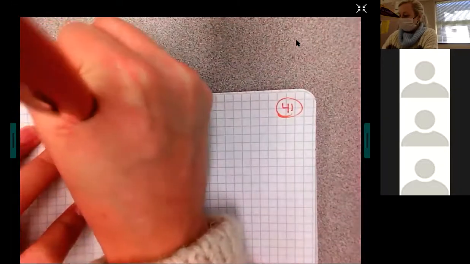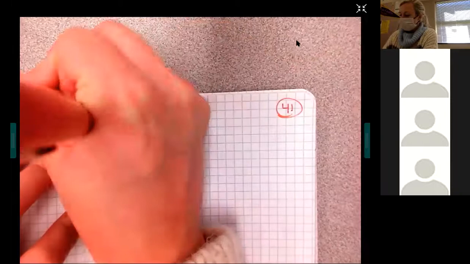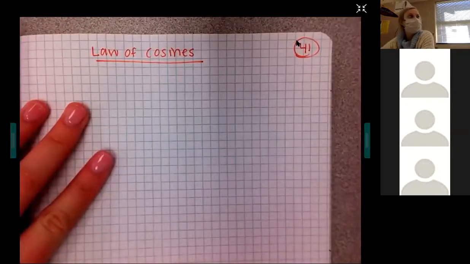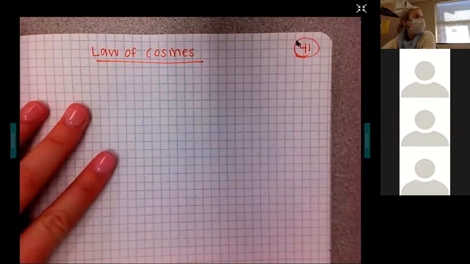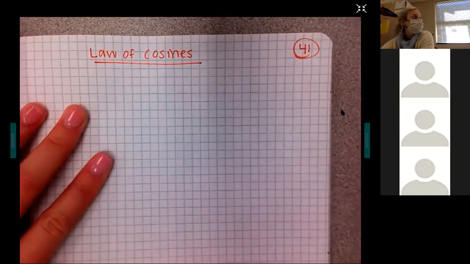So review from yesterday. What information do we have to be given to have to use the law of cosines to solve? Two sides and one angle or 3 sides. 3 sides, very good. So 2 sides and an angle or 3 sides.